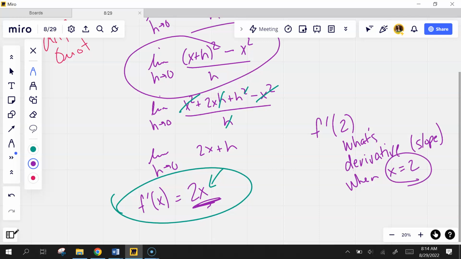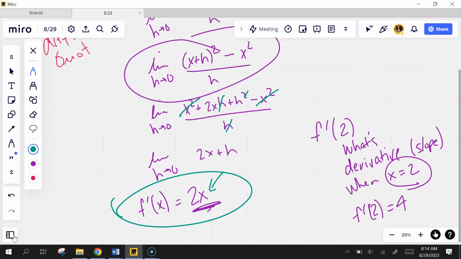I would get the same thing if I came up to the top and put 2's in for the x's here. Y'all okay there?